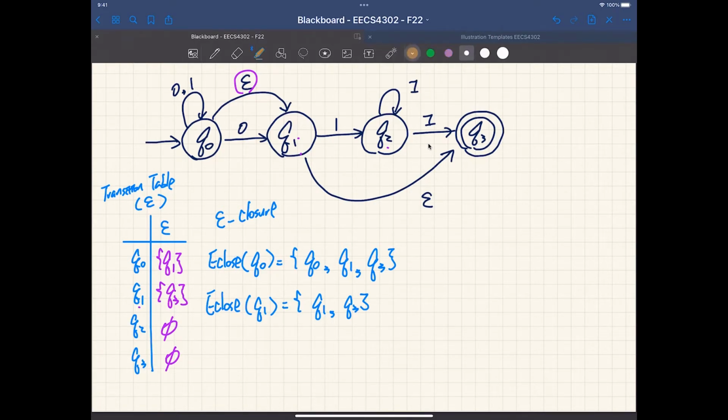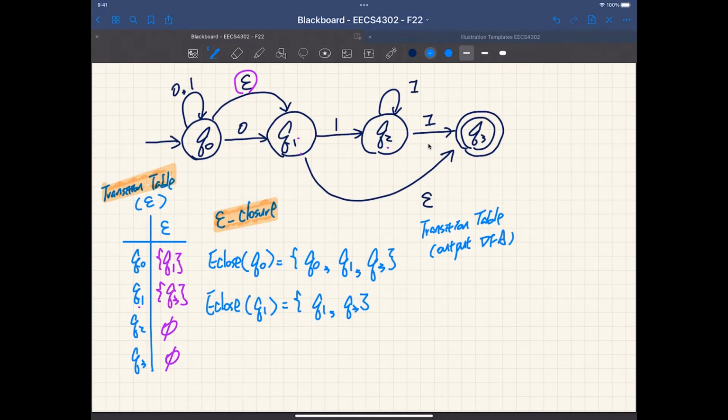So far we have done the transition table for the input epsilon NFA, and also we have done the epsilon closure. So these two are the necessary preparation, and let's now do the lazy evaluation. Let's now do the transition table for the output DFA.